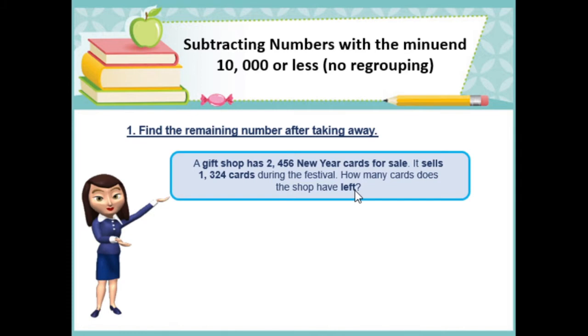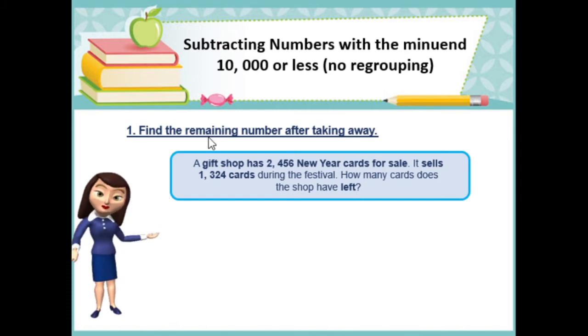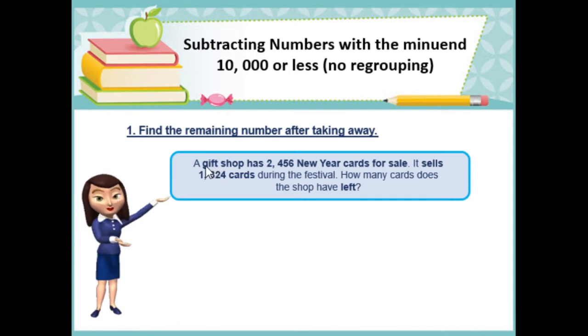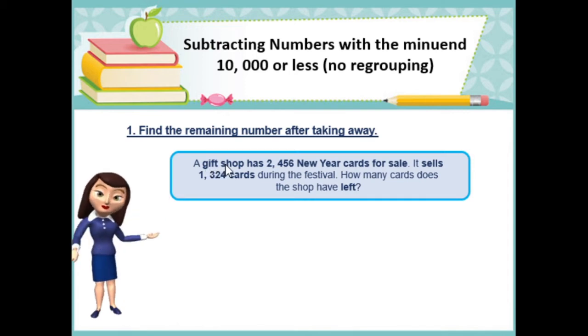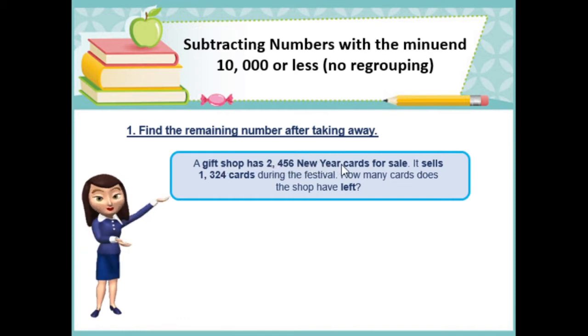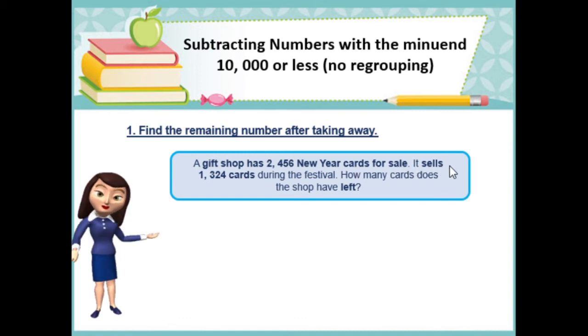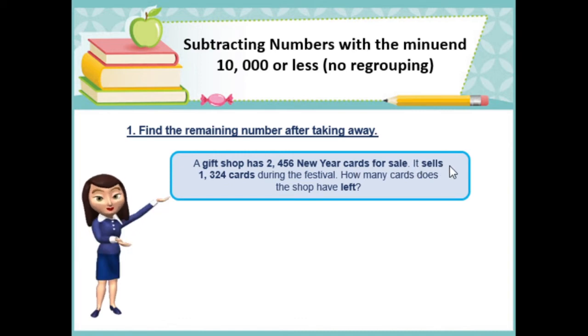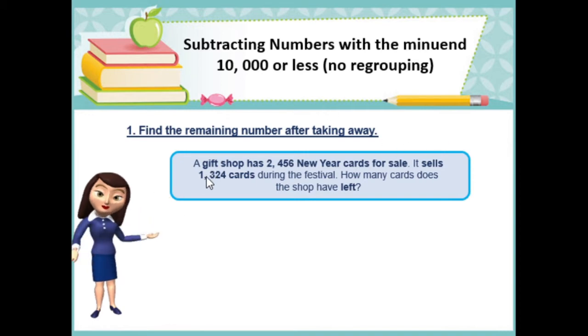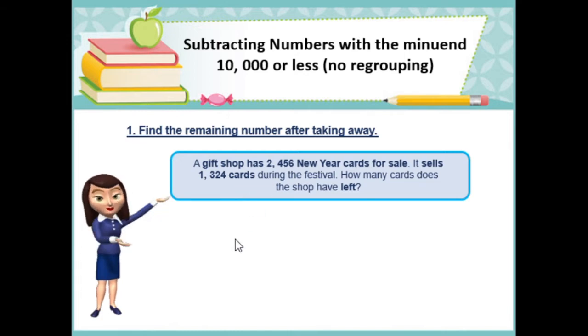So if you look at the problem, teacher highlighted the important information like gift shop. Gift shop has 2,456 New Year cards for sale and sells, meaning in Thai it's su. It sells 1,324 cards during the festival.